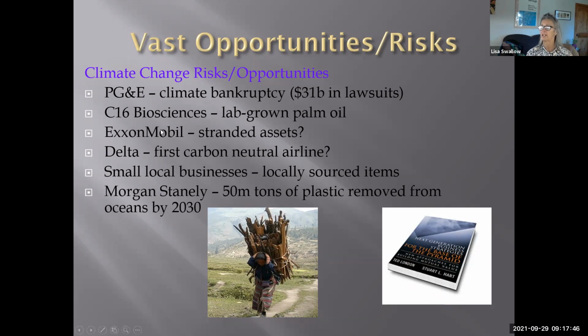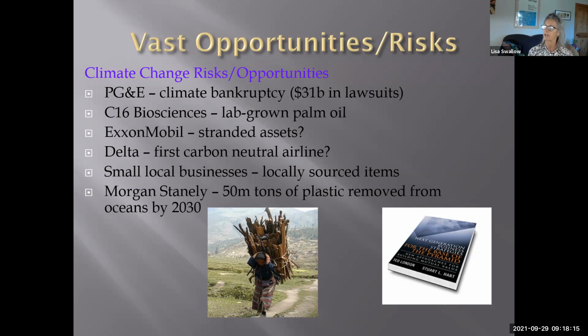Now, let me just back up a little bit. Palm oil is in everything, right? It's in our lotion, it's in our potato chips, it's in the oil for our cars, it's in plastics, it's in this wide plethora of products. Well, palm oil is a big contributor to deforestation.